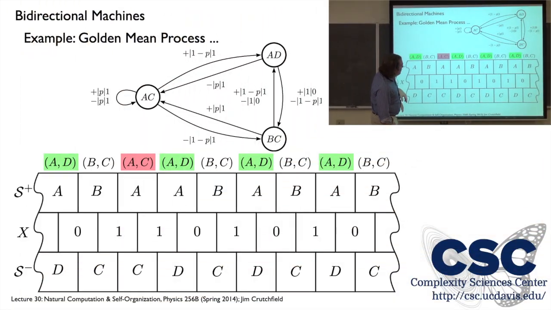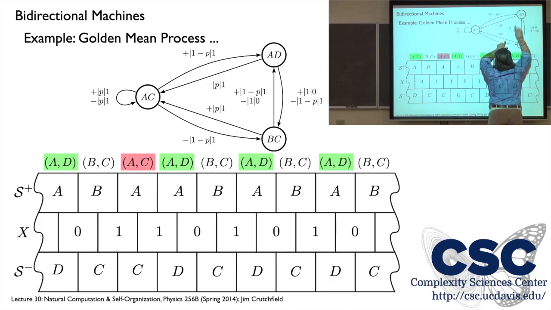So you can track through and show how this works, right? If I'm in AD and I go forward, with probability 1 I'm going to see a 0. That corresponds to moving into the condition where I must see a 1. So now I go to BC, and in BC, if I move forward, I must see a 1. Now, what's curious about this is that the calculation works out so that I have 2 forward moves.